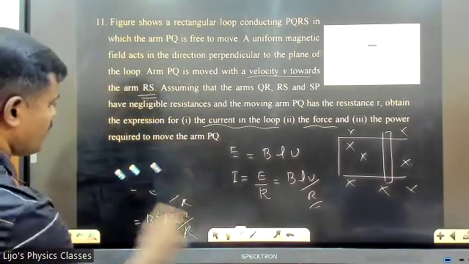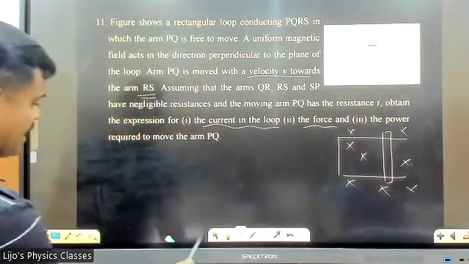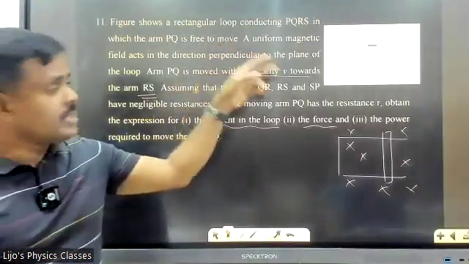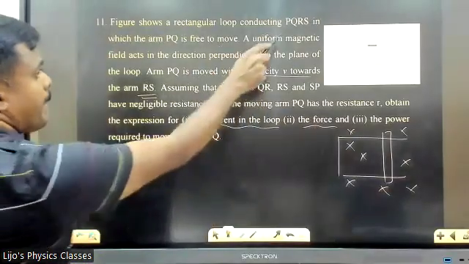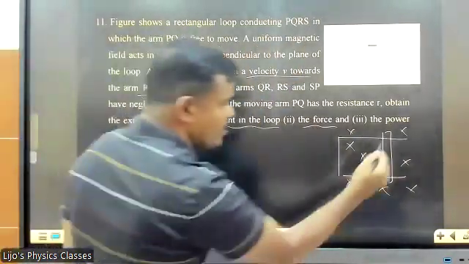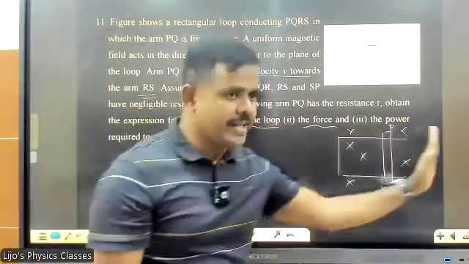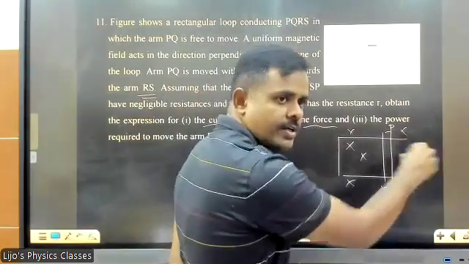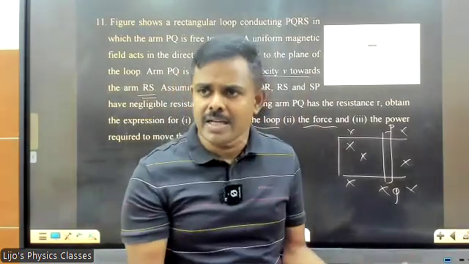Write this. So what is given in the question? Read the question one more time. A figure shows a rectangular loop. Conducting loop PQRS in which arm PQ is free to move. This arm PQ can move freely, to the left or right. I don't even have to read my question, right?